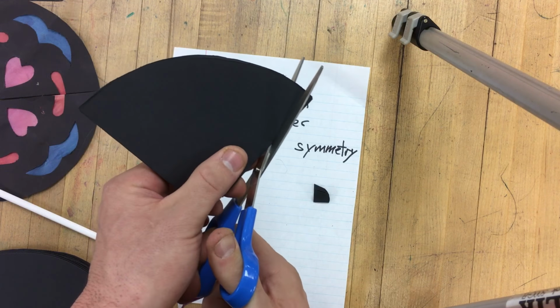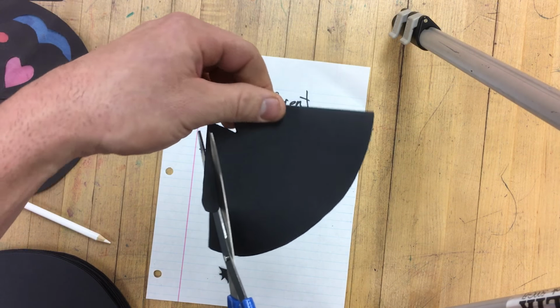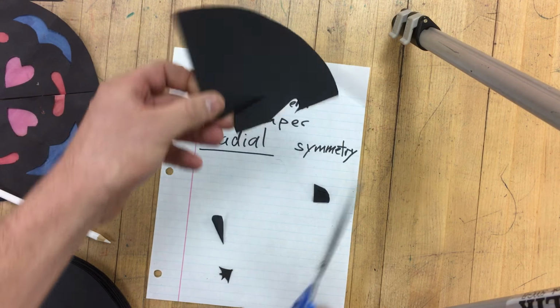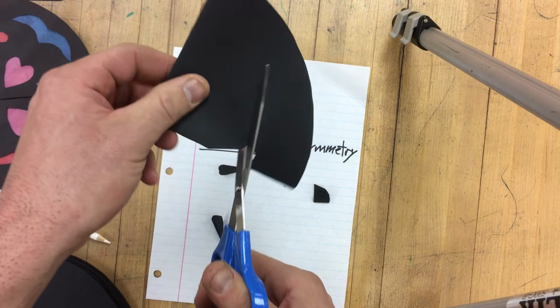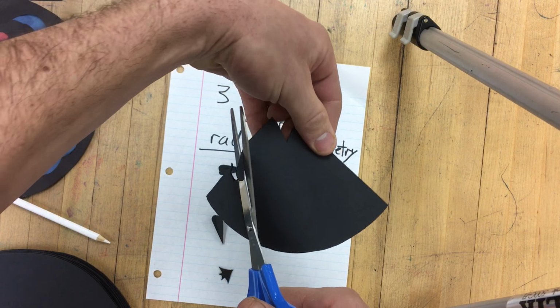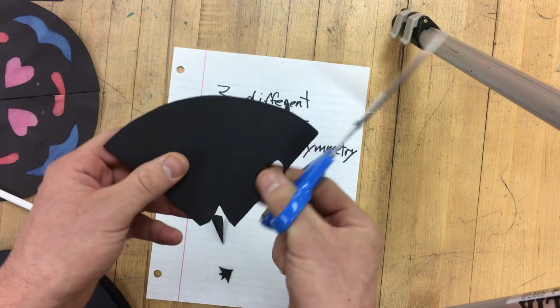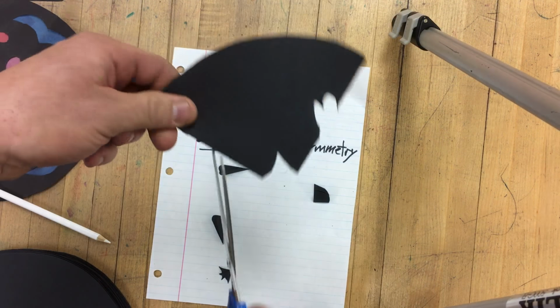So if you cut maybe a teardrop. Okay, and then again, you can cut another shape off of that if you want. Okay. And then I'll do the same thing over here.